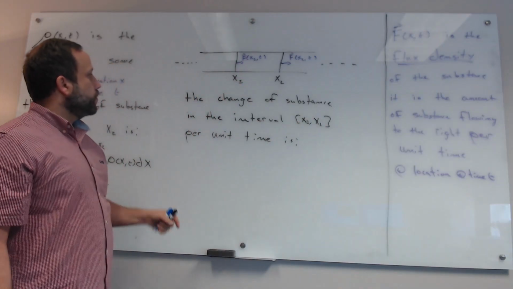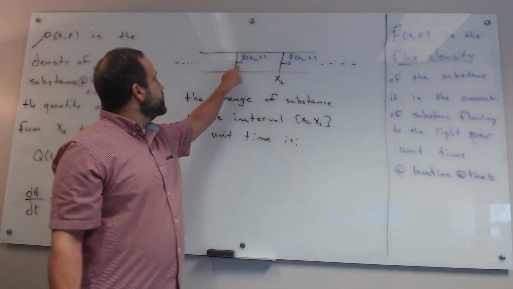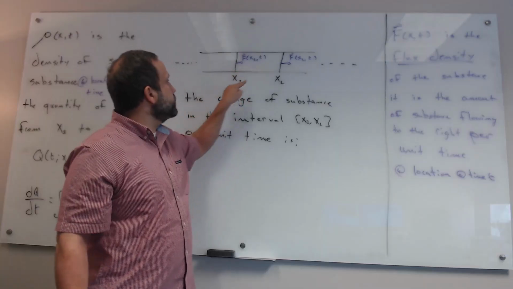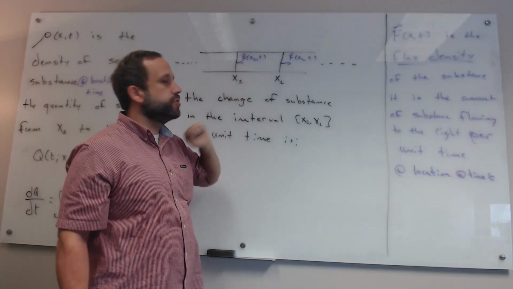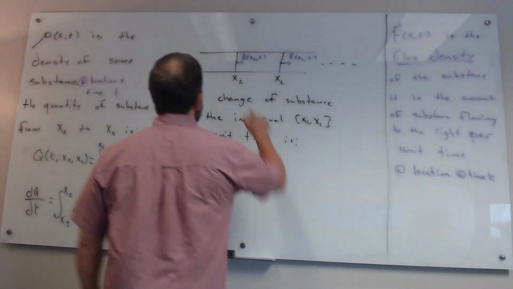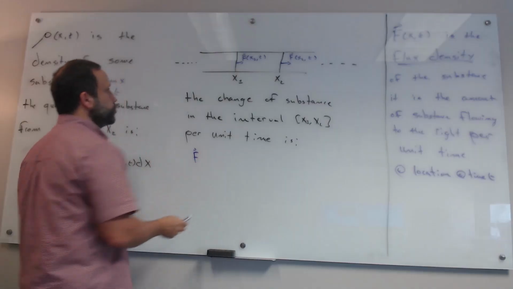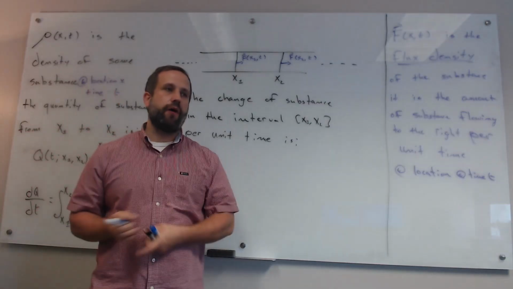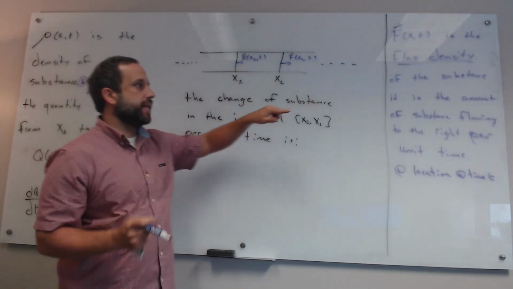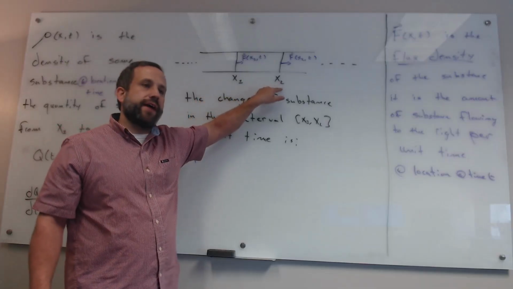Okay, so now the change of substance, if we're assuming there's no sources or sinks, the change of substance per unit time in this interval from x1 to x2 is just going to be equal to the rate in minus the rate out. So since we're flowing to the right, the rate in is going to be f of x1, t, and the rate out is going to be f of x2, t.